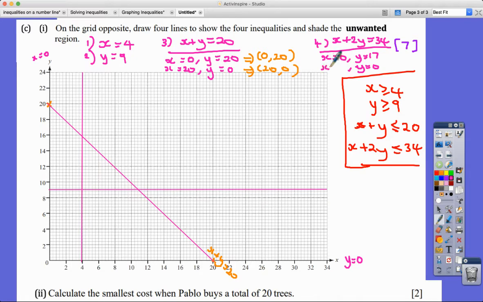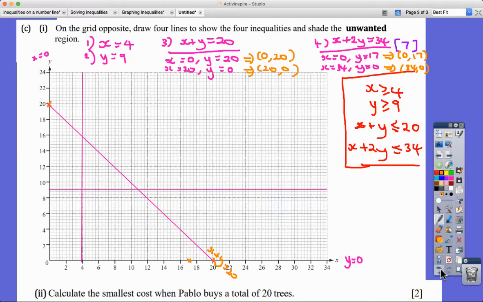It would have to be 34. From that, I've got my x and y intercepts. When x is 0, y is 17, so that's the y-intercept (0, 17), and I've also got (34, 0). So if I plot those, (0, 17) is right here.